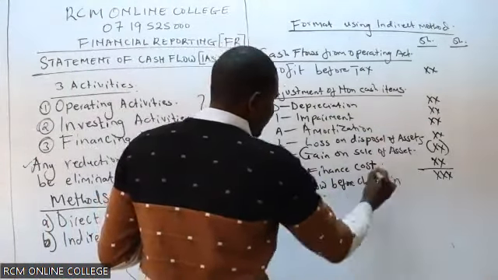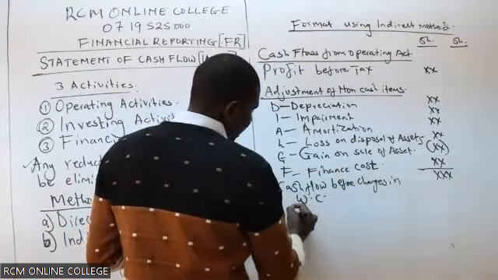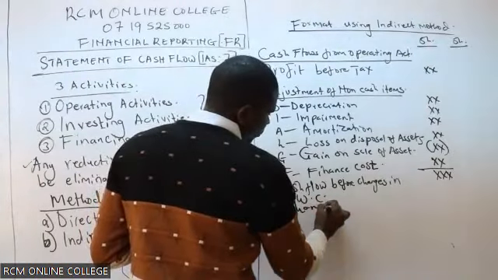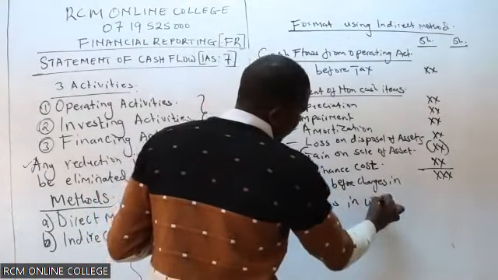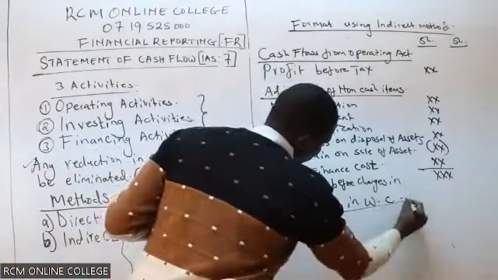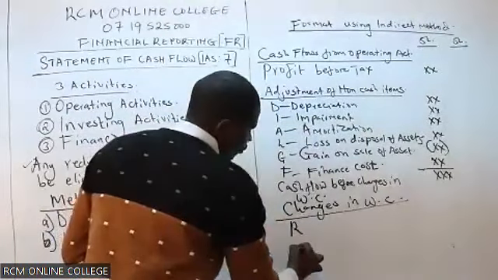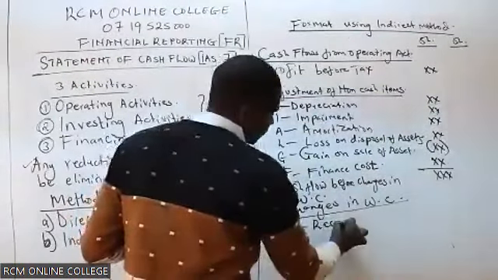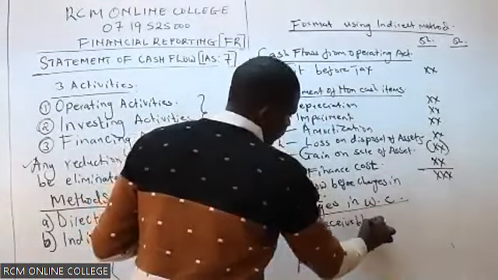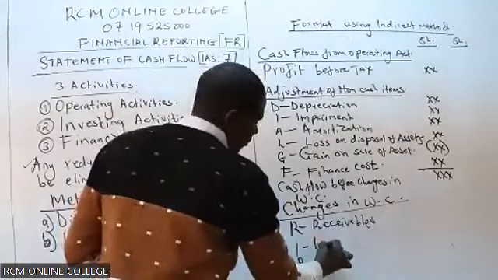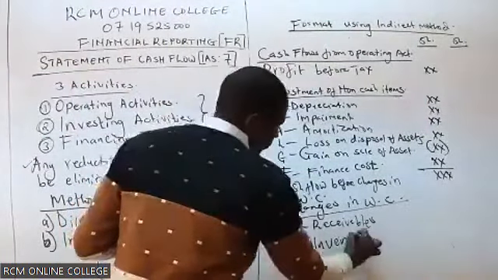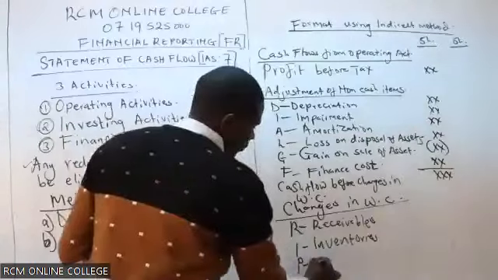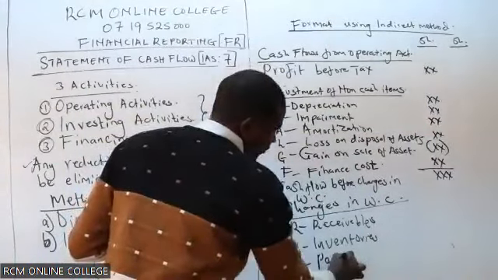So in this case, we are going to look at changes in working capital. For you to identify the changes, we can use the acronym LEAP. Receivables, we have inventory, and we have payables, as you have given me.